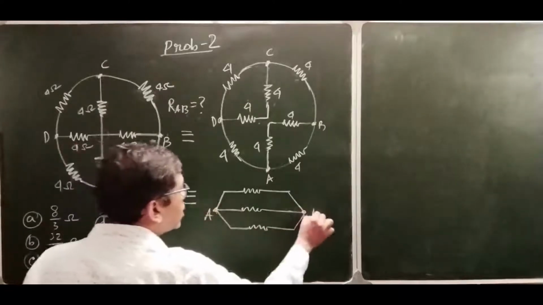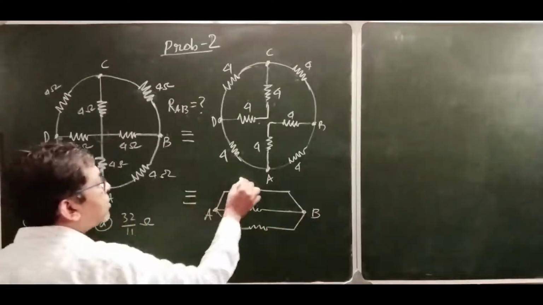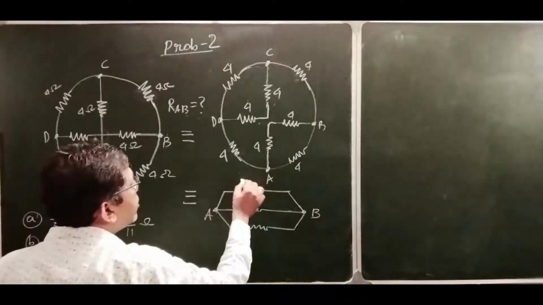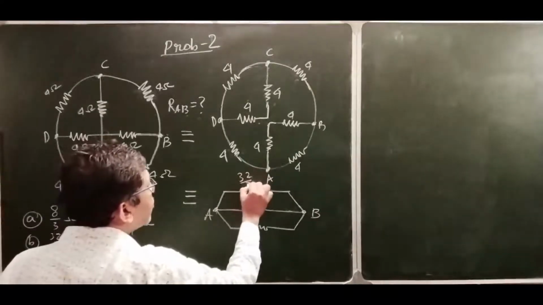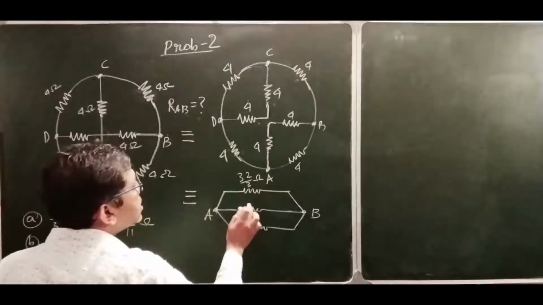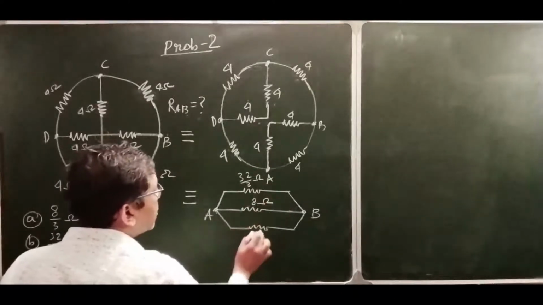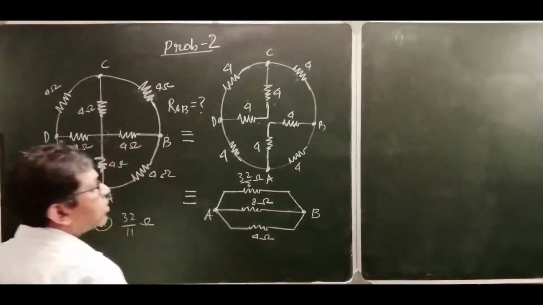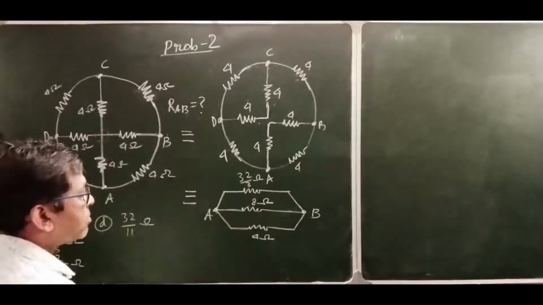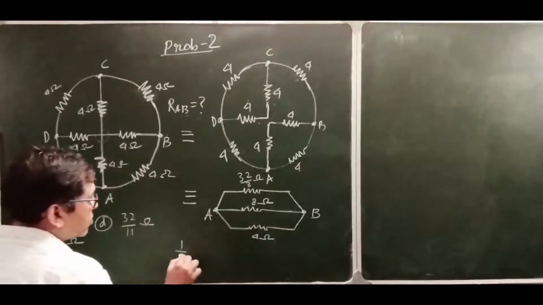These are the two junctions A and B. Here it is 32 by 3 ohm. This is 8 ohm and this is 4 ohm. All these three are parallel connection.